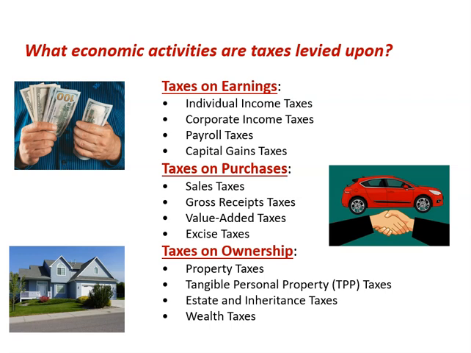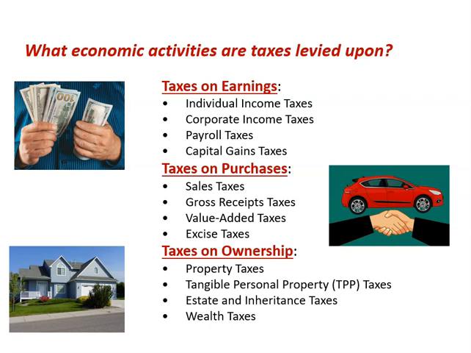The next question is, what economic activities are taxes levied upon? Taxes generally are on earnings, purchases, and ownership. By taxes on earnings is meant individual income taxes, corporate income taxes, payroll taxes, and capital gains taxes.